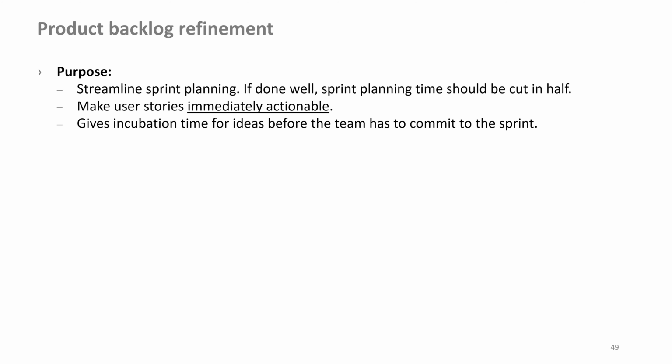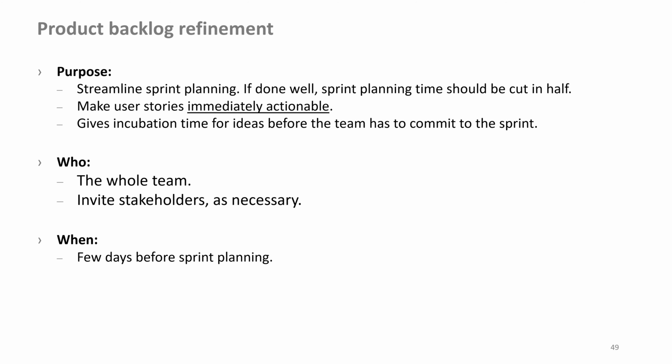Gives incubation time for ideas before the team has to commit to the sprint. Who? The whole team. Invite stakeholders as necessary. When? A few days before sprint planning. How long? 2 hours per sprint.